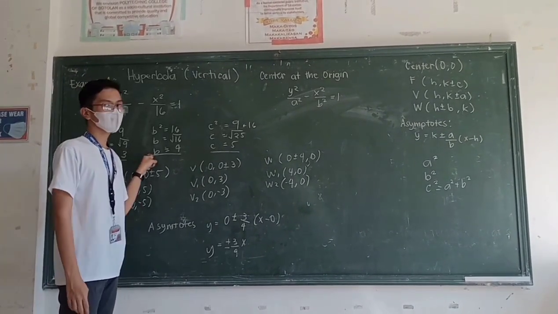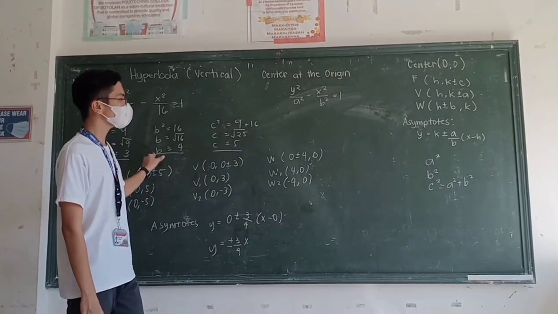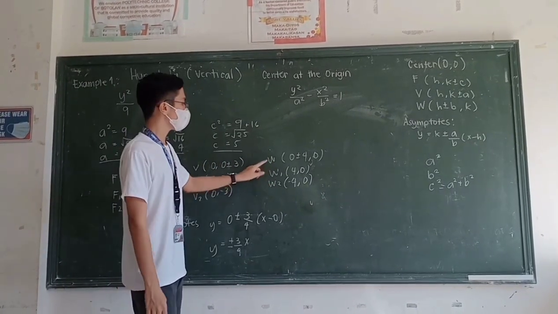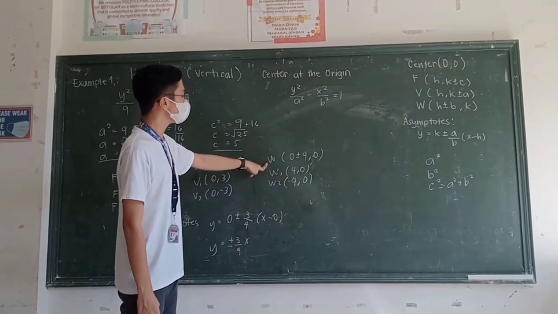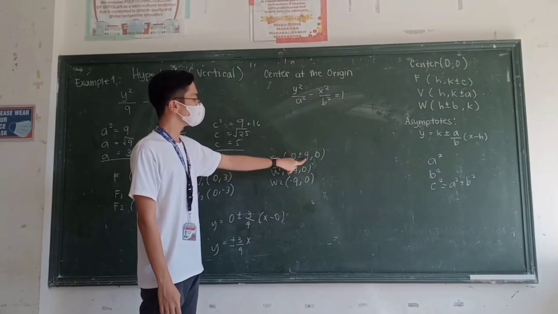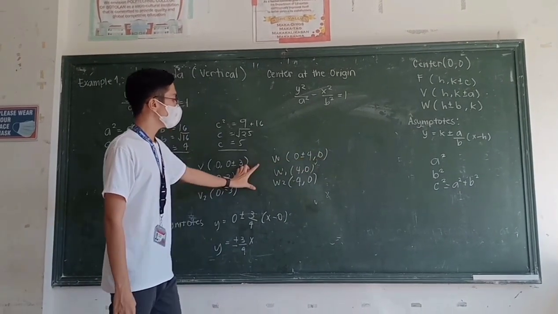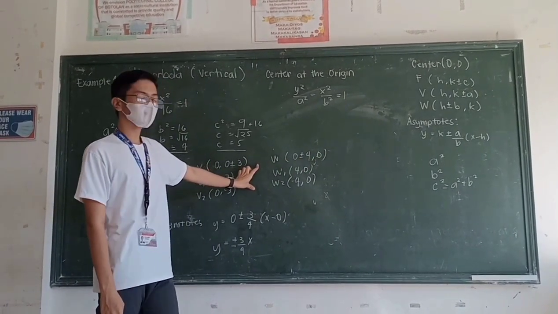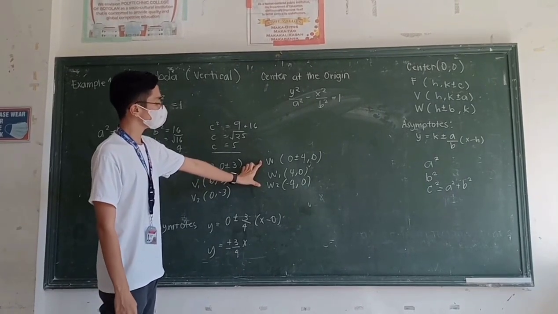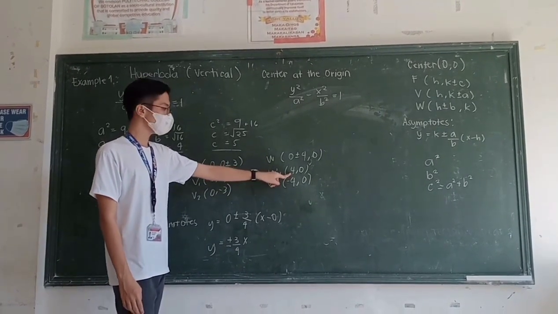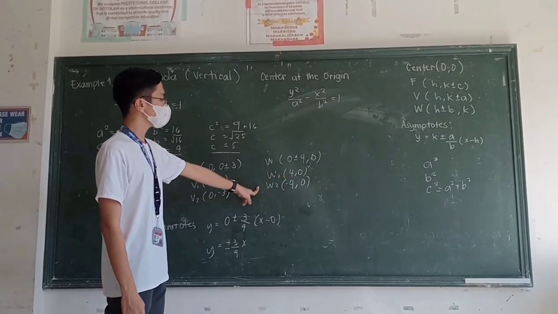Now we need to substitute the value of b at the center, which is (0, 0). So, co-vertices is equal to (0 plus and minus 4, 0). Then we get co-vertex 1 is equal to (4, 0), and co-vertex 2 is equal to (-4, 0).